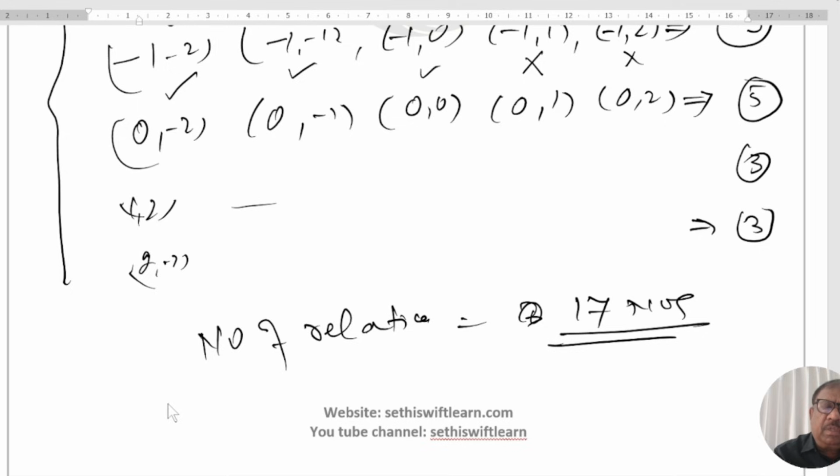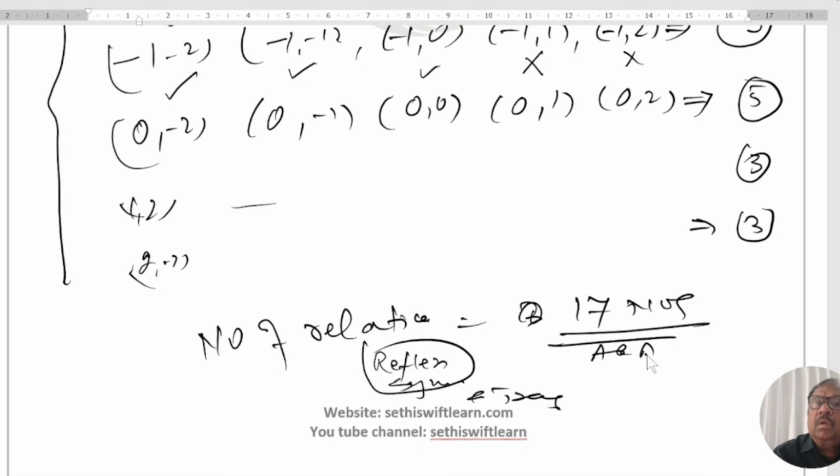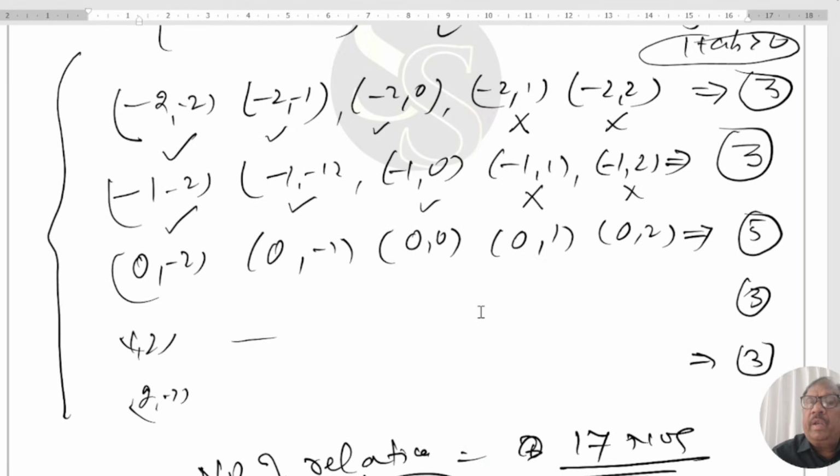For equivalence relation, what is the condition? Reflexive, symmetric, and transitive. Reflexive means aRa: 1, 1, 2, 2, 3, 3 like this. Symmetric mein if aRb then bRa. If you observe -1, 2 to 2, -1 will be available.